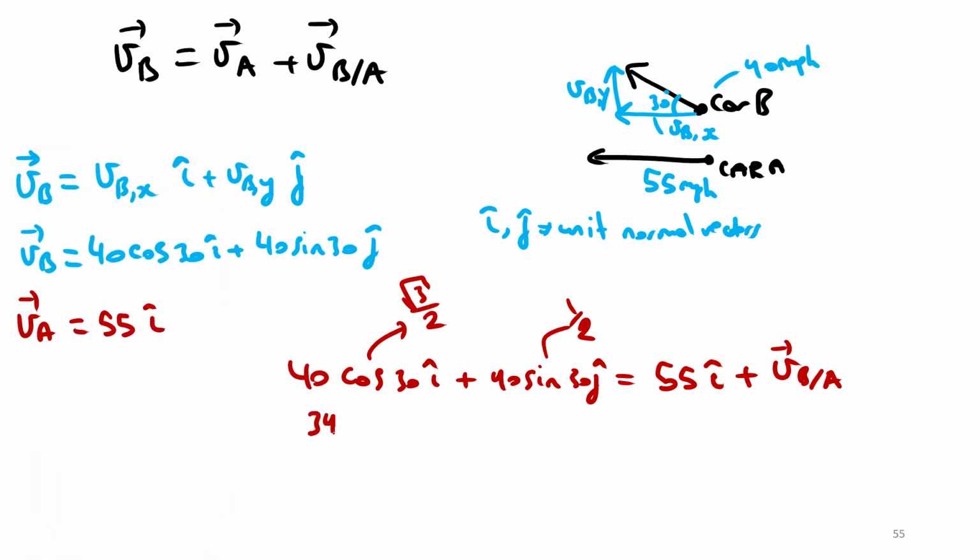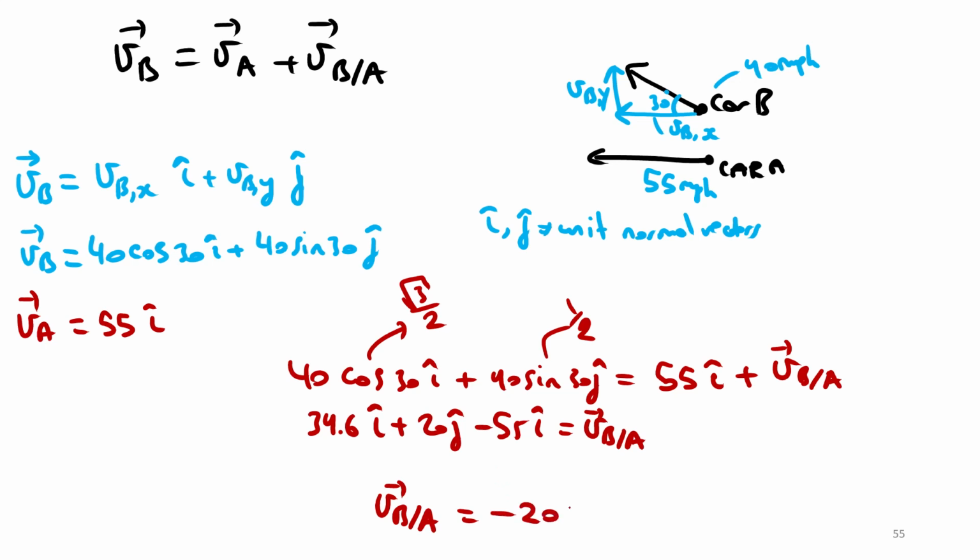So 34.6 i plus 20 j minus 55 i will be equal to VB with respect to A. From here it follows that VBA is, going with approximate values, 35 minus 55, negative 20 i, plus 20 j.